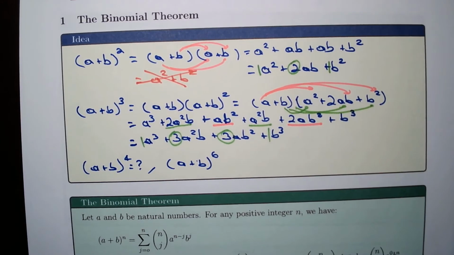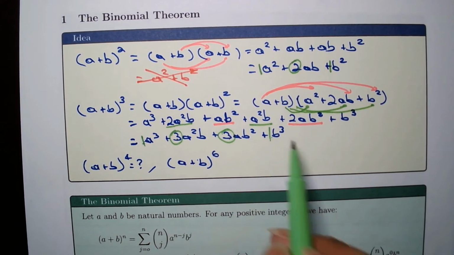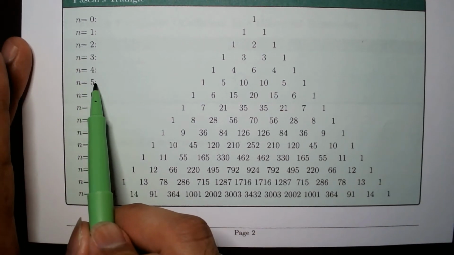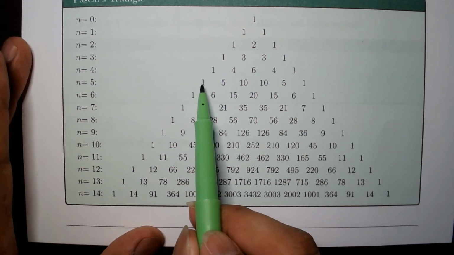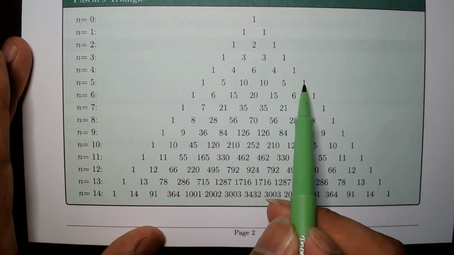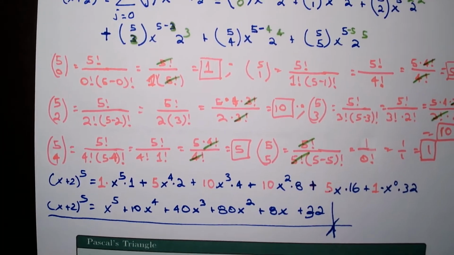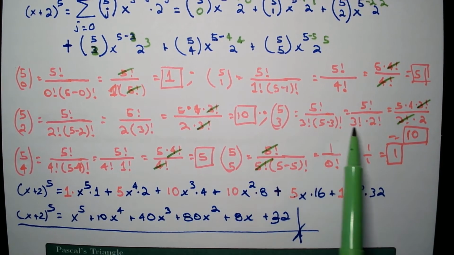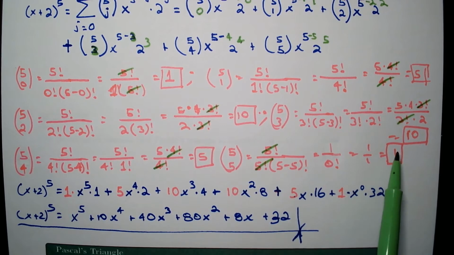Sorry, it's supposed to be here. 1, 3, 3, 1. So, for example, if you wanted to raise a binomial to the 5th power, what are the coefficients? 1, 5, 10, 10, 5, 1. Isn't that what we have here? What we got here? 1, 5, 10, 10, 5, 1.